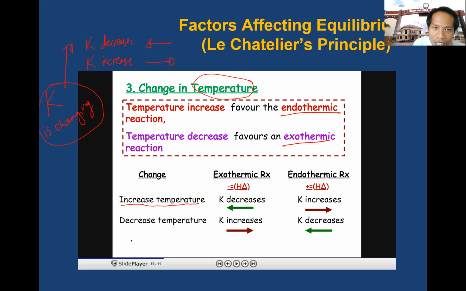K increase always means the reaction will shift to the right, or to the product. So if I increase the temperature, exothermic will make K decrease, but for endothermic, K increases. It means to the right. That is if I increase the temperature. If I decrease the temperature, it is the reverse. Exothermic will make K increase, and endothermic will make K decrease.